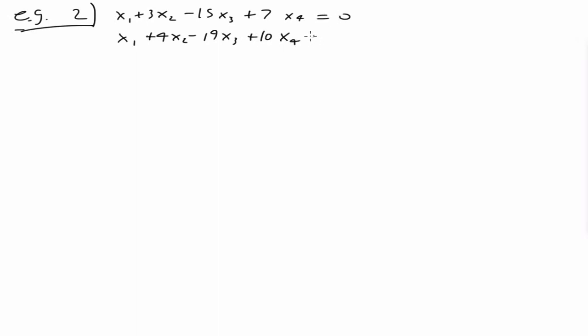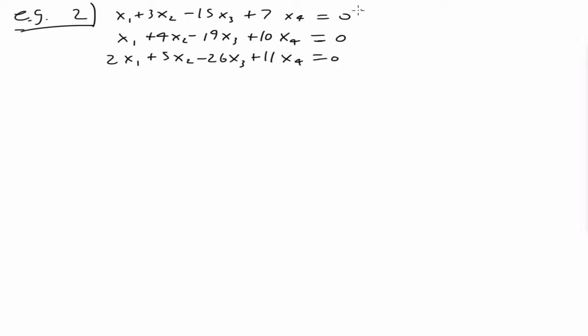And this is going to be equal to 0, and that's going to be equal to 0. And then finally, 2x1 plus 5x2 minus 26x3 plus 11x4, and that's also going to be equal to 0.